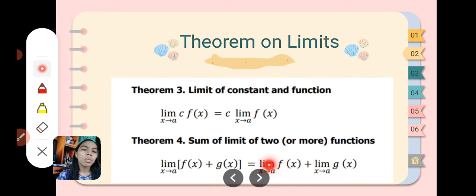So we distribute the limit as x approaches a. So the limit of f of x as it approaches a plus the limit of g of x as it approaches a.